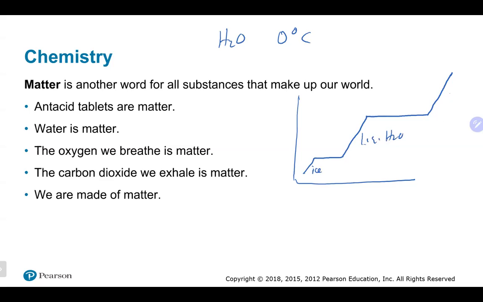This would be basically steam or gas. So right here at 0 degrees Celsius, and this would be 100 degrees Celsius. So exactly at 0 degrees Celsius, you basically have both solid and liquid happening at the same time.